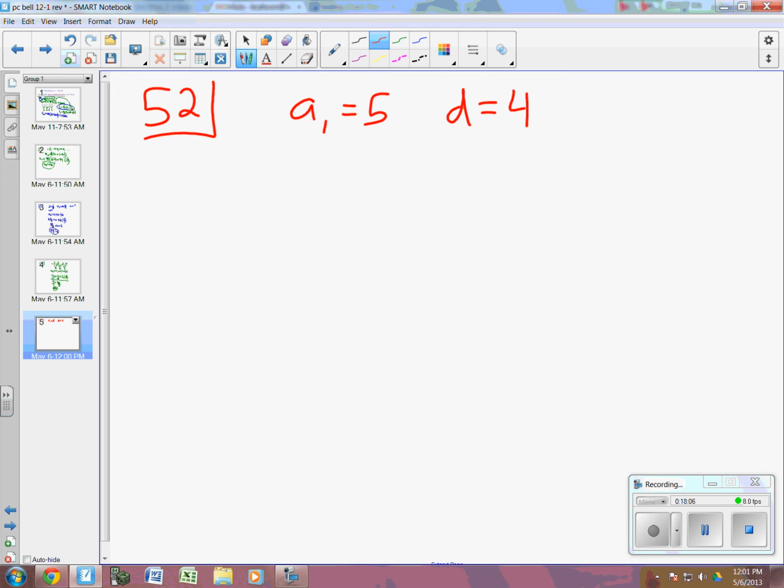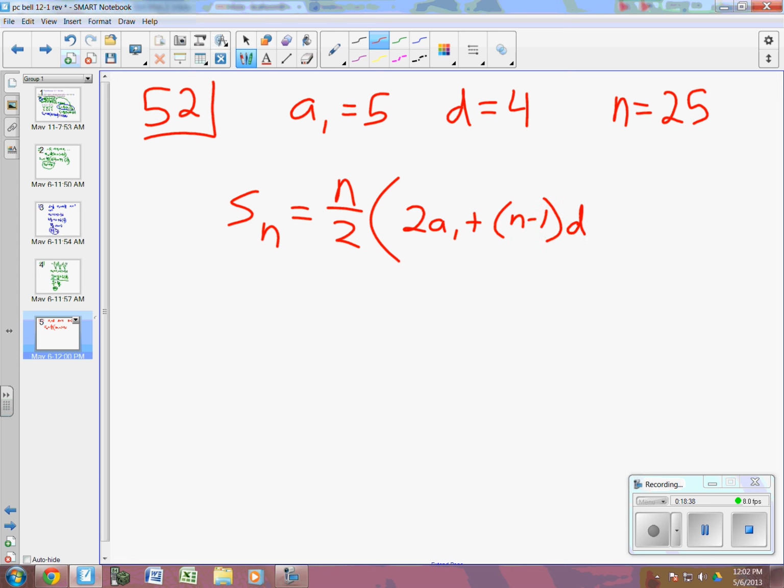What is n? Yeah, 25 is how many rows there are in this case. So there's 25 rows, is that what you said? That's all I need, isn't it? They want to know how many bricks you're going to need, right? Which formula am I going to use? The sum formula, right? S sub n. S sub n equals n divided by 2 times 2 a sub 1 plus n minus 1 times d, right?